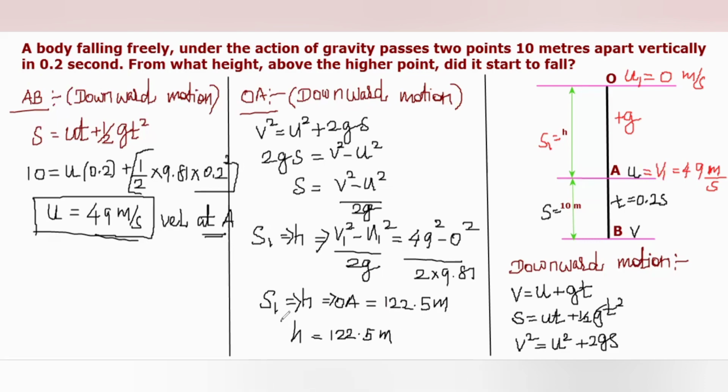So this is the height from which the ball has to fall downwards.